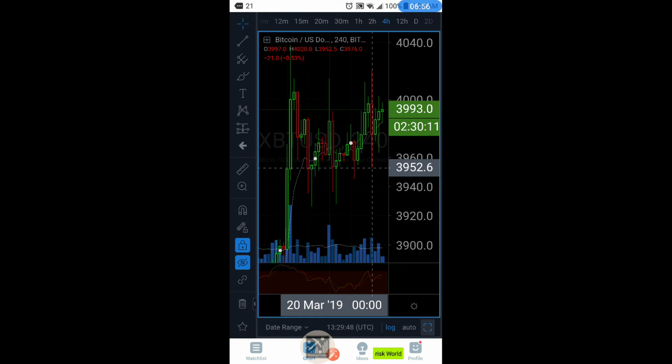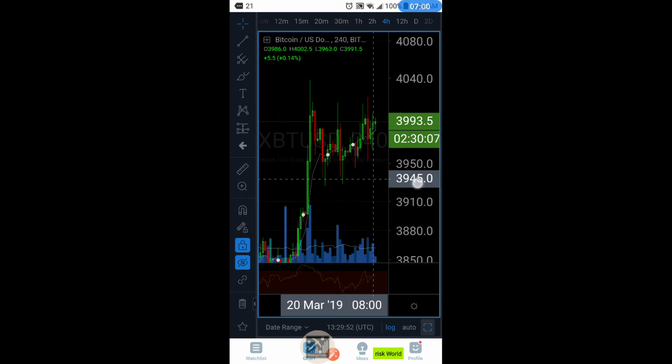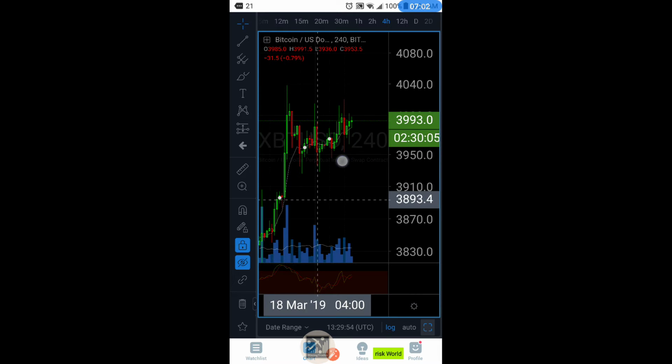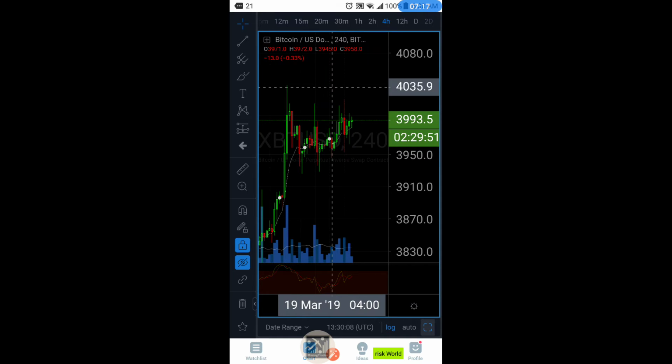What price is this? $39.52, okay. Support and resistance, right there, all right? There's a support and resistance level right there. There's one right here. There's one right there. Yeah, I see one right there.